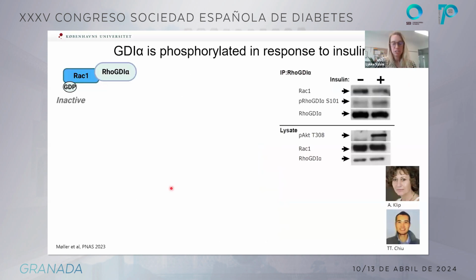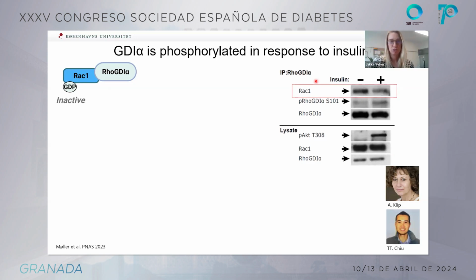And we then, in collaboration with Amir Klip's group, and this is work driven by Tim Chu, a postdoc with Amir Klip, were able to show that when we IP'd Rho GDI alpha, so pulled down GDI alpha in the muscle, we could then see that in response to insulin, less RAC1 came down with it, indicating that insulin somehow results in the dissociation of this complex, leaving RAC1 to be activated to increase GLUT4 translocation.